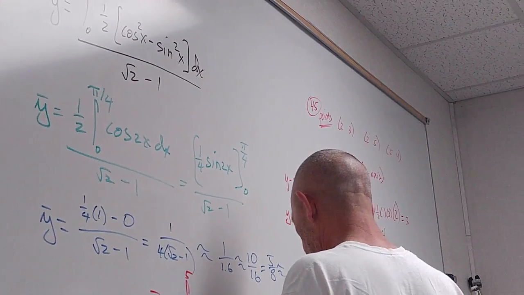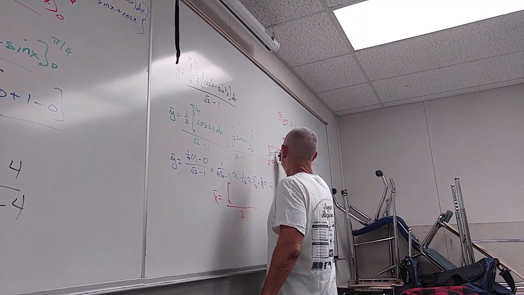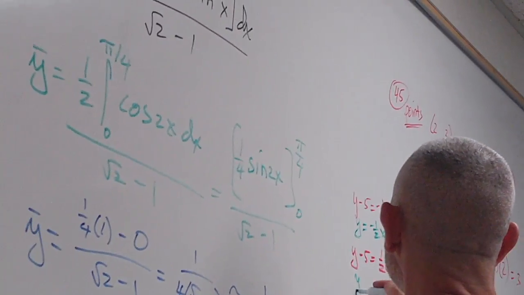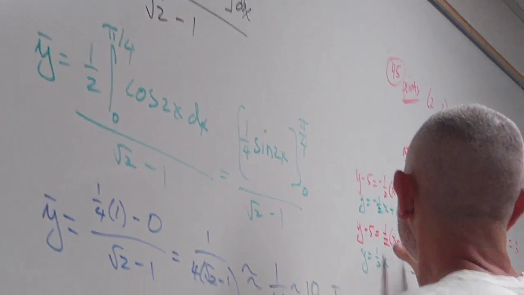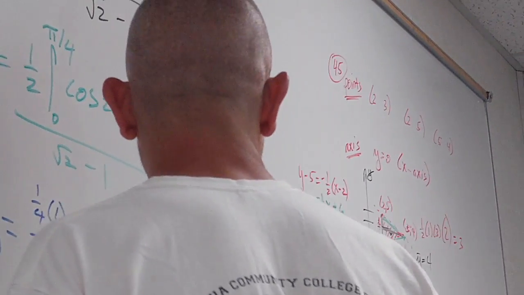So the two linear equations are y equals minus 1/2 x plus 1 plus 5, and here y equals positive 1/2 x minus 1 plus 5. So I'm going to take the integral from 2 to 5 to calculate x bar.